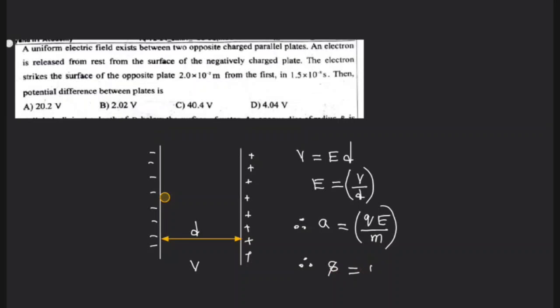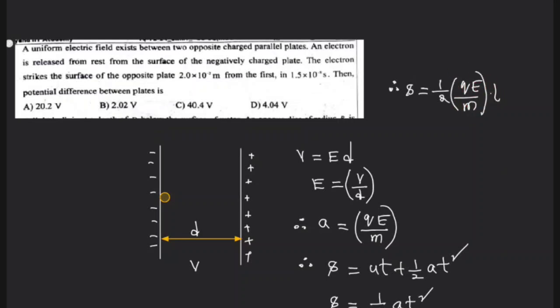If you use the kinematic equation, S is equal to ut plus half A T square, since it is starting from rest, S is equal to half into A into T square, right? Therefore S is equal to half into QE by M into T square.